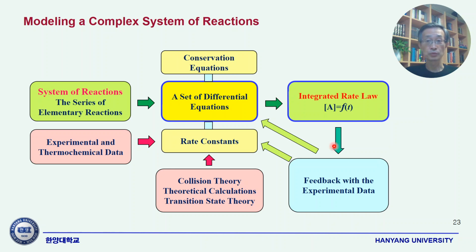Then we can compare those, and then make any improvement or modification of the system or the rate constants. And then we iterate this, and then we can analyze the system of reactions, and then draw some particular conclusion for useful application. So that's what you do. So this is the third part and the last one.